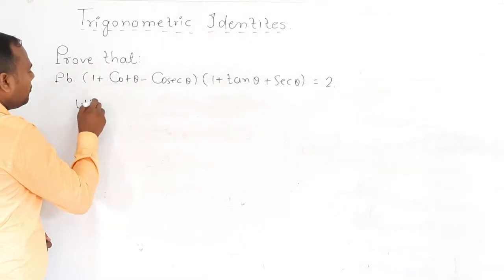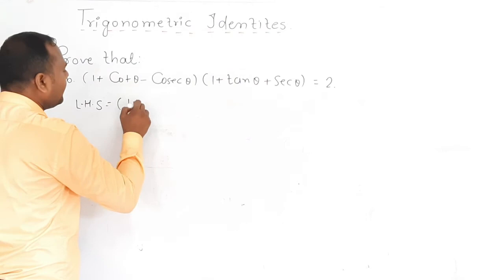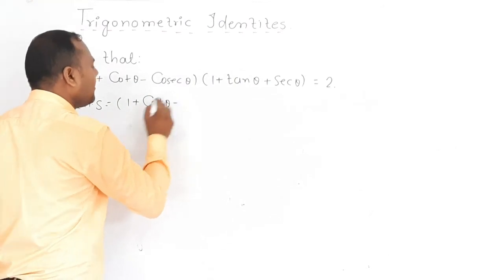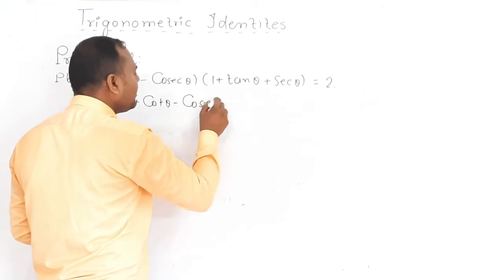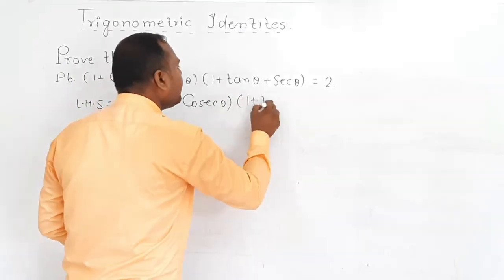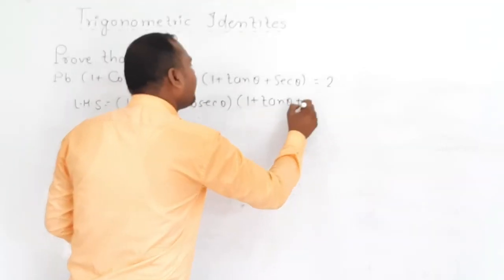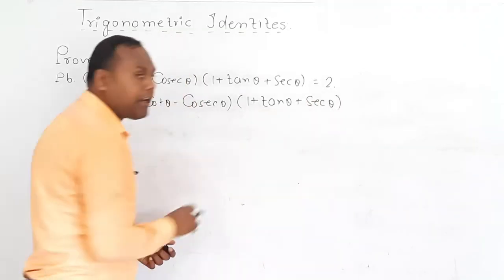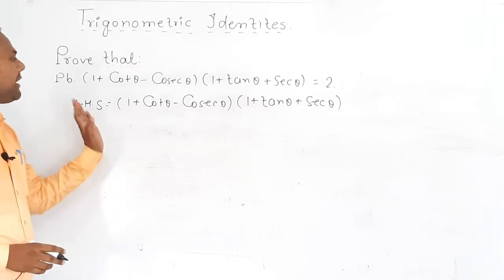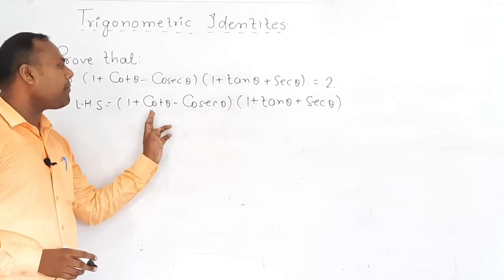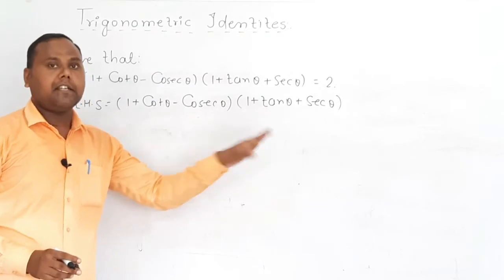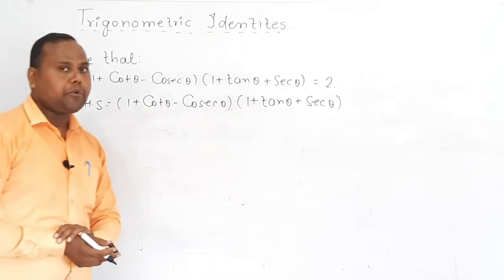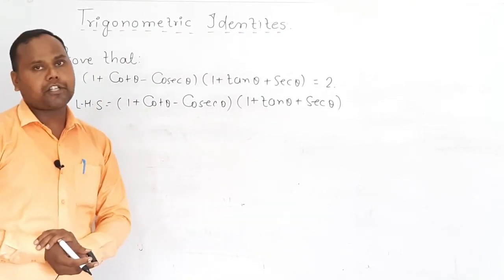LHS will be equal to 1 plus cot theta minus cosec theta, and 1 plus tan theta plus sec theta. I already told you, if the expression or identity is in the form of cot, cosec, tan and sec, then we will have to change into sine and cos form.